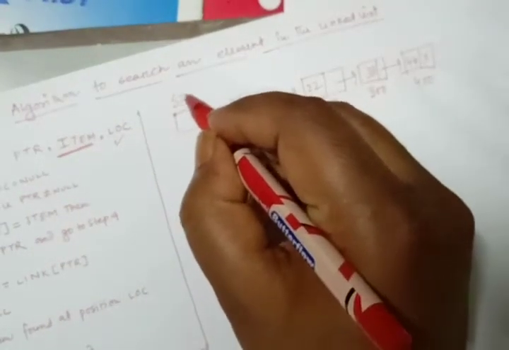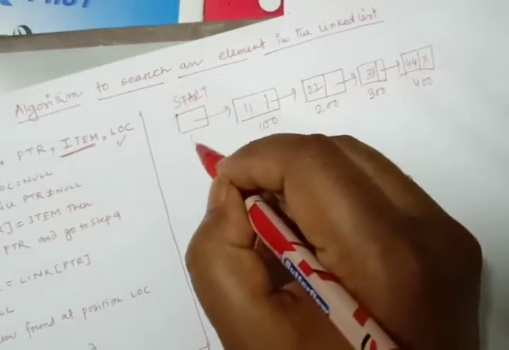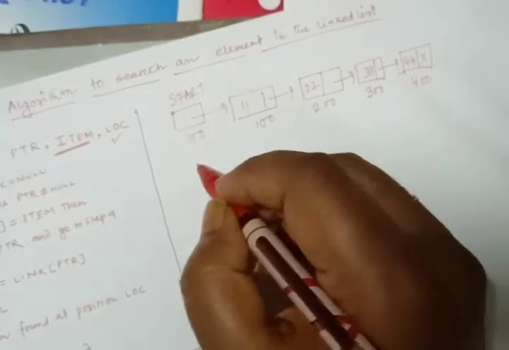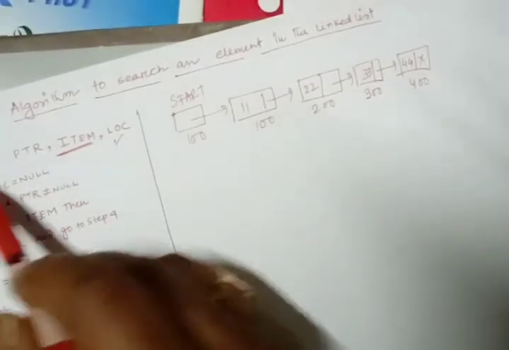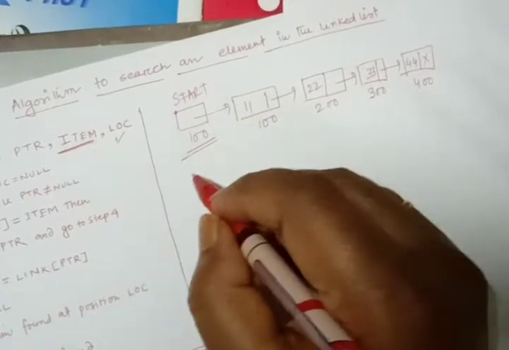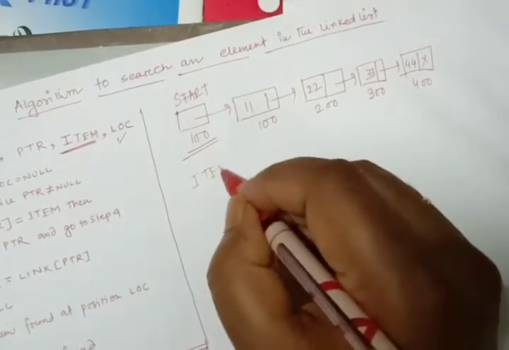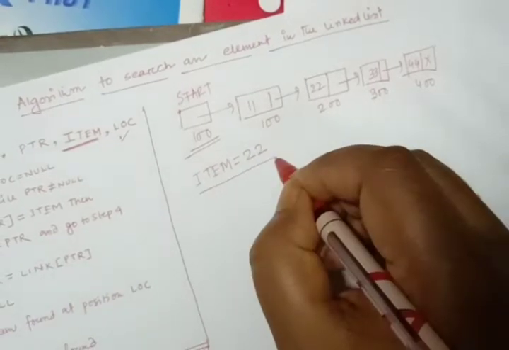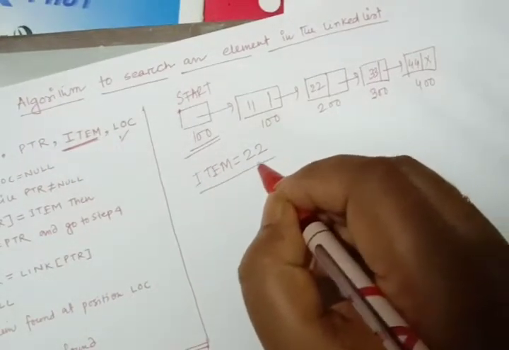The starting address is 100, so START is 100. Suppose the value of ITEM is 22, the value that we will search in the list.